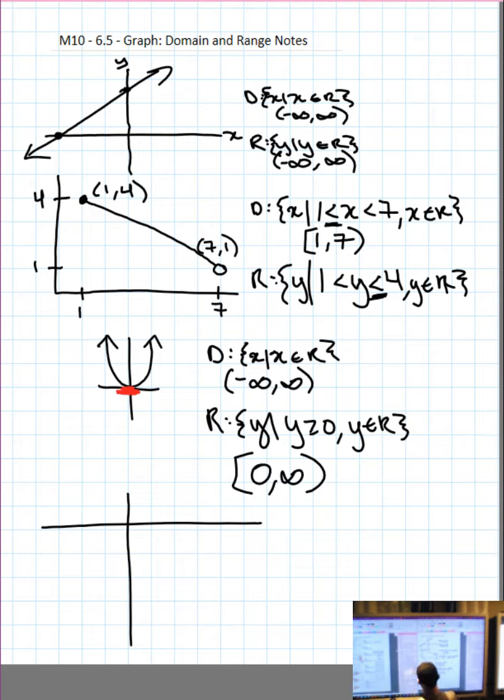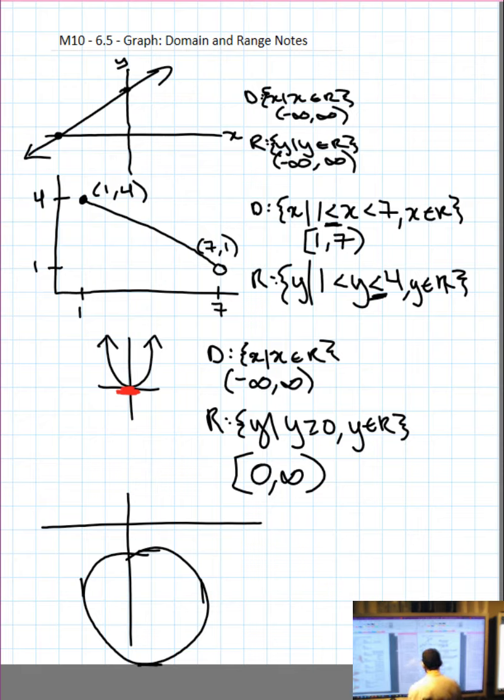I'm putting the outside points on first. Down one more. I'm just going to put it there and draw it.